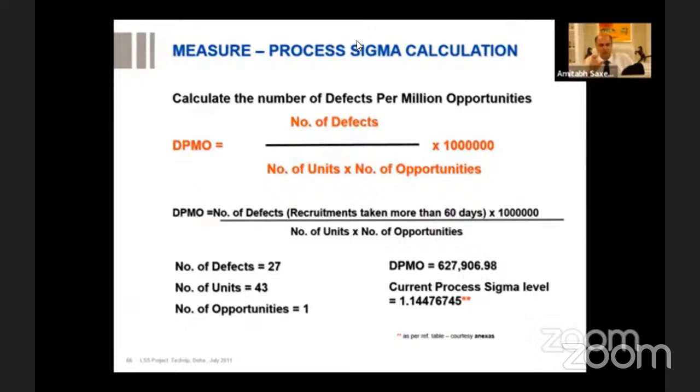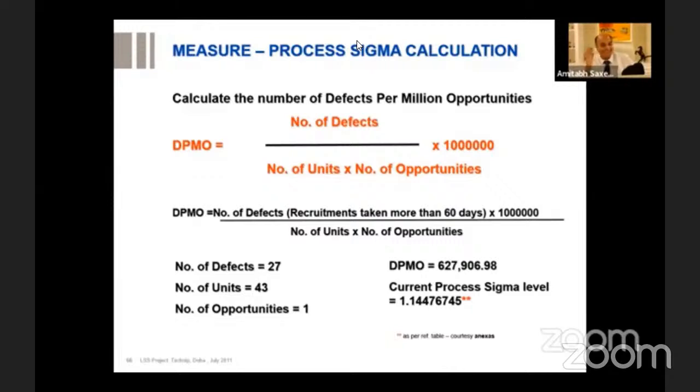Right now, calculation of sigma level, etc., is not in the scope of yellow belt. But just to give you a brief overview. See, higher the sigma level, better is the process. At 6 sigma, you are producing almost 3 defects in 1 million. 99.9999997% of the time, you are always within the specification limits.